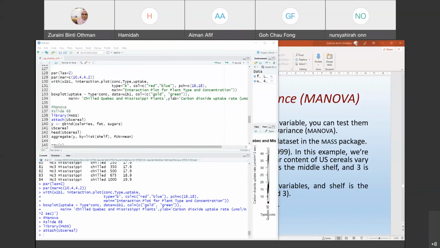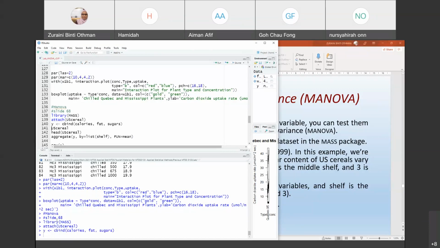That's why we use cbind here, because our data is not just X and Y, but a matrix of these three types based on different levels. This is the cbind of calorie, fat, and sugar.